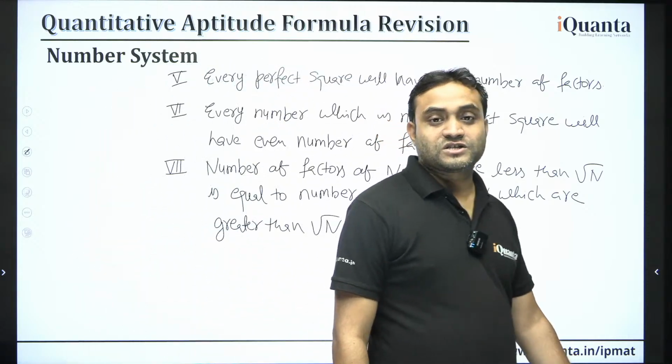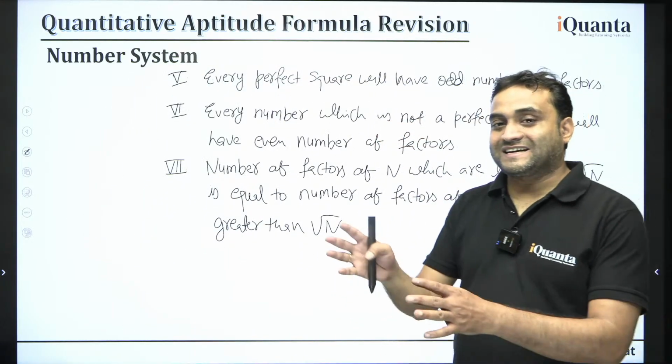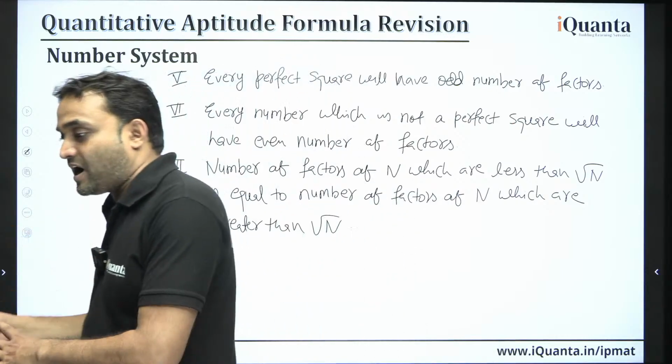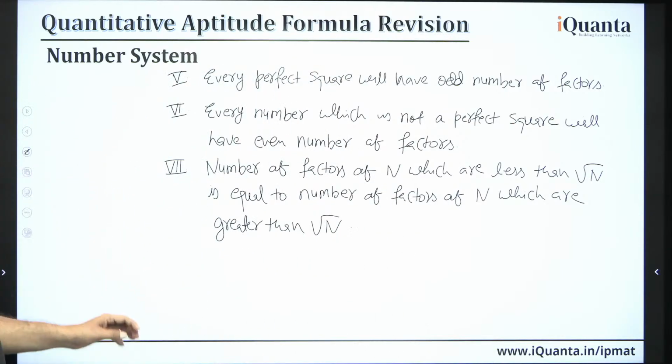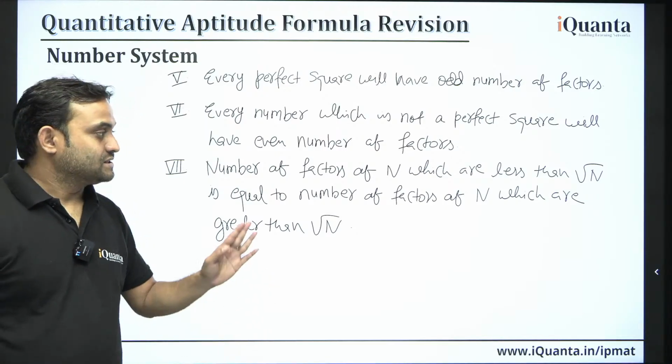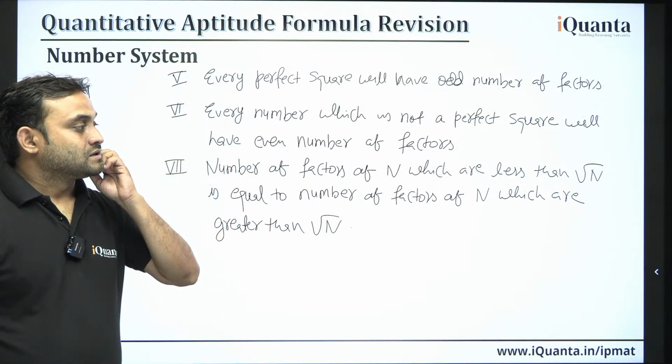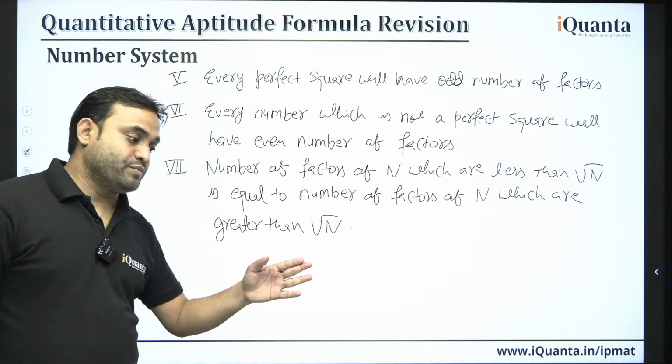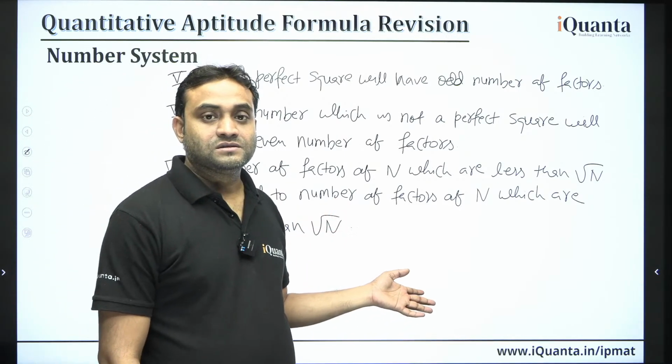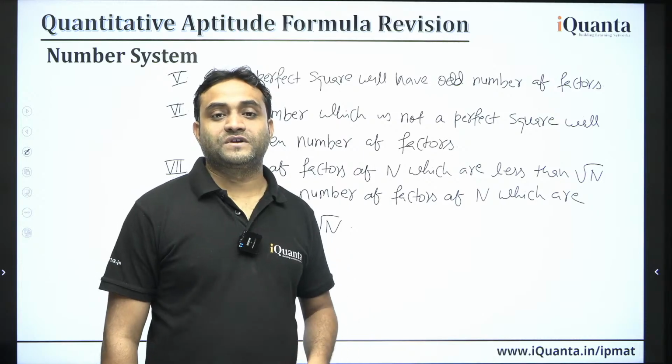If you talk about square root of n, as many factors as there are before it, there will be as many after it. The number of factors of n will be the same before square root of n as after square root of n.